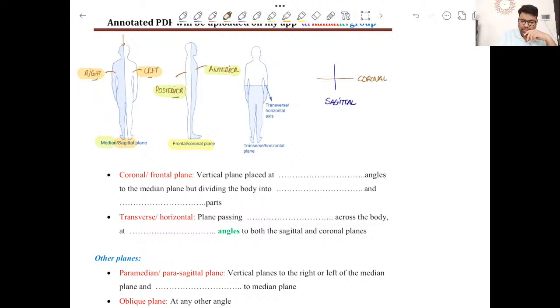So the coronal plane, or what we say the frontal plane, is again a vertical plane, and it is placed at right angle. Of course it is making a 90-degree angle here. So right angle to the median plane, but dividing the body into anterior and posterior parts.